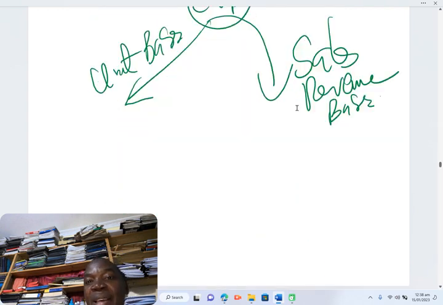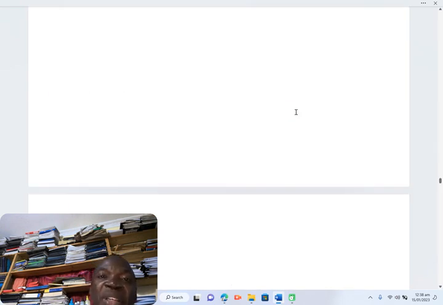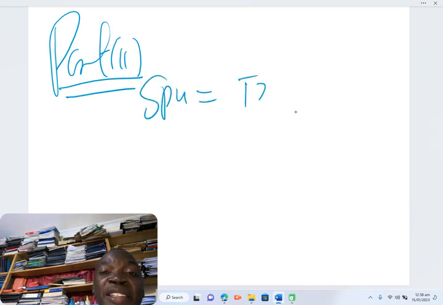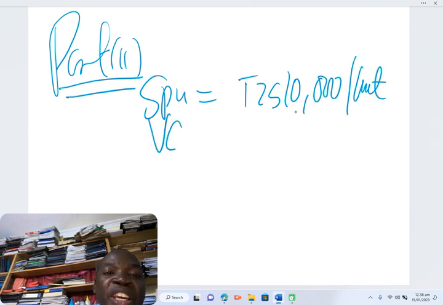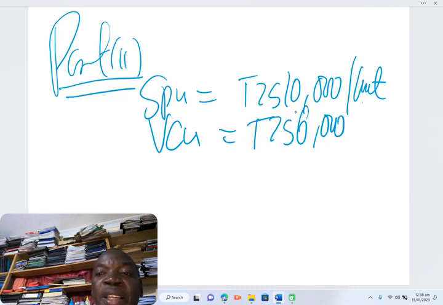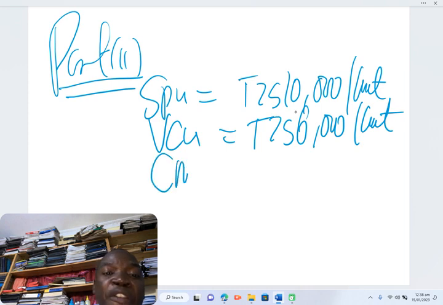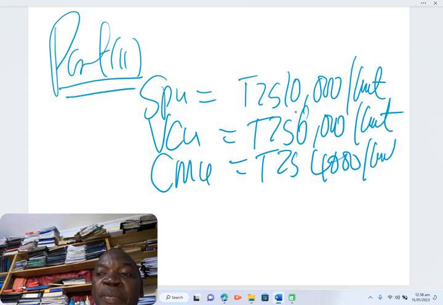Remember my assumption from the previous part. We have selling price TZS 10,000 per unit, variable cost TZS 6,000 per unit, and contribution margin TZS 4,000 per unit.